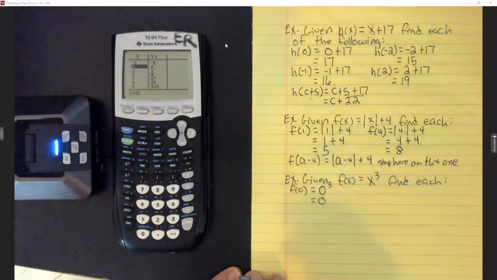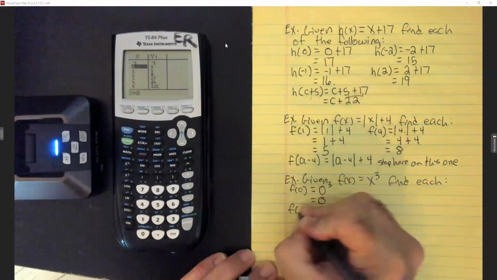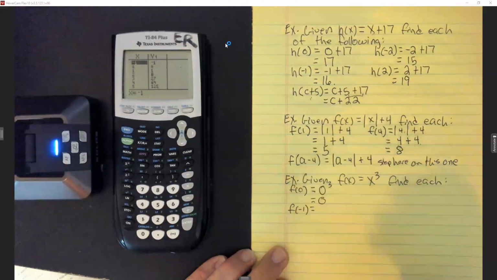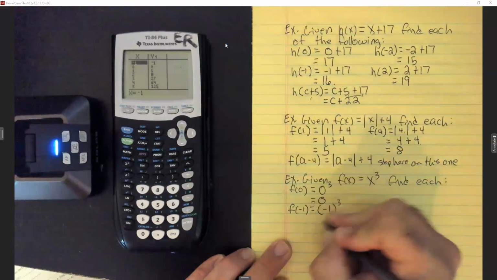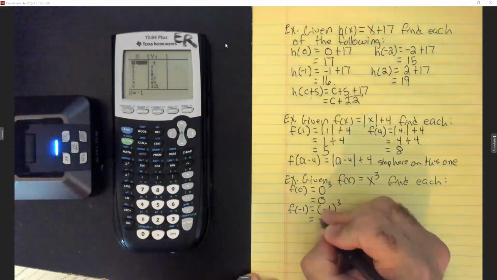Next, let's find f of negative 1. On here, f of negative 1 shows me it's negative 1. So let's see if it's right. Negative 1 to the 3rd is negative 1 times negative 1, which is 1, times negative 1, which gives us negative 1.